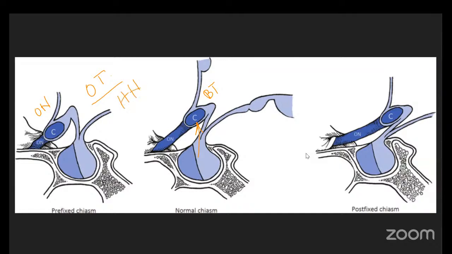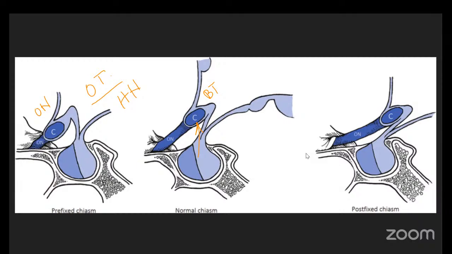I'll give you a hint. Homonymous hemianopia. That's right, homonymous hemianopia. So it does not mean that if a patient has pituitary adenoma, they are definitely going to have bitemporal hemianopia. They can present with homonymous hemianopia if the chiasm is prefixed and if the tumor is coming in contact with the optic tracts first.